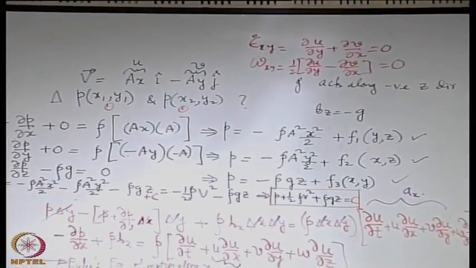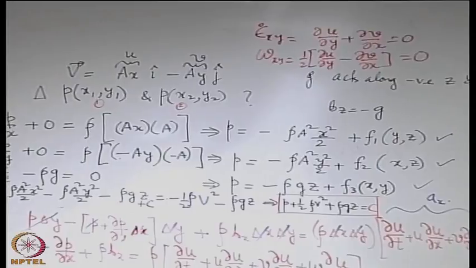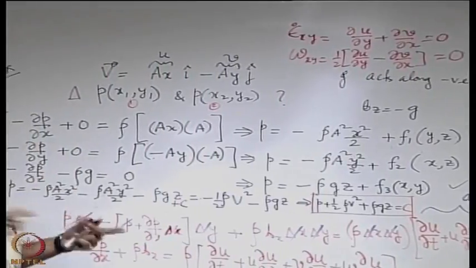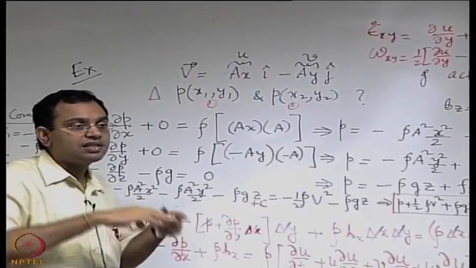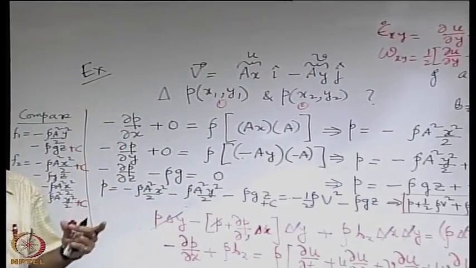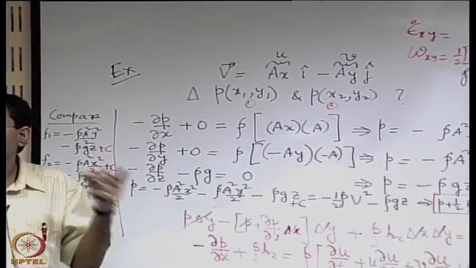That means if its edges were originally parallel to x and y, those will remain always parallel to x and y. If it is incompressible, what will happen? It might stretch along say x, so it should reduce its length along y so that the volume is preserved.